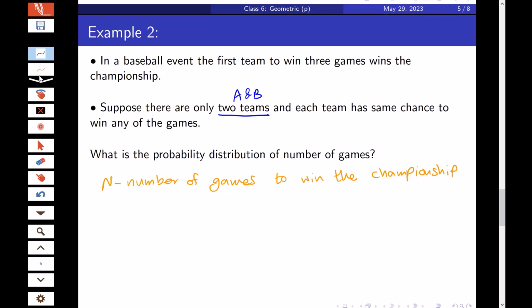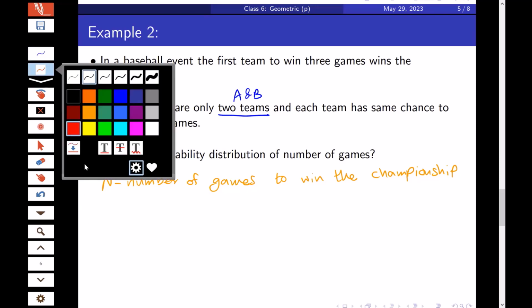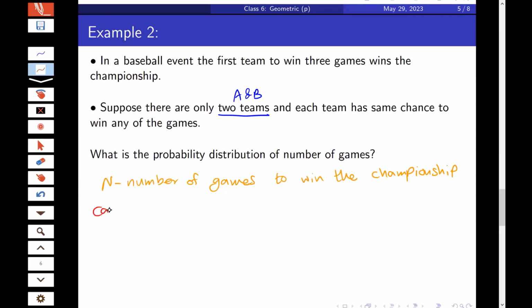Okay, so the question here is, can we use the geometric distribution? Let's check whether we can use it or not.